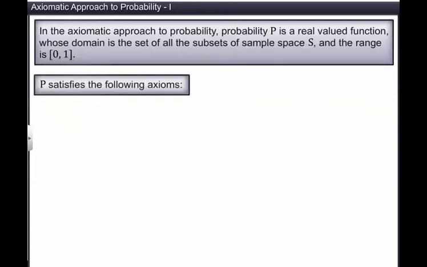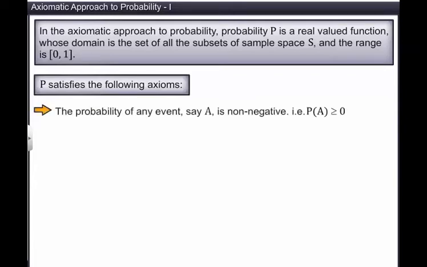The probability of any event, say A, is non-negative, that is, P of A is greater than or equal to 0. The probability of the sample space S is 1, that is, P of S is equal to 1.